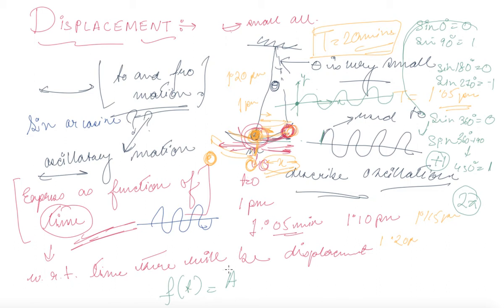So we have taken a variable A, and depending upon our oscillation we can set the value of A. So the function related with t is equal to A cos of omega t, where T equals 2 pi by omega is the time period, and omega is the angular frequency.